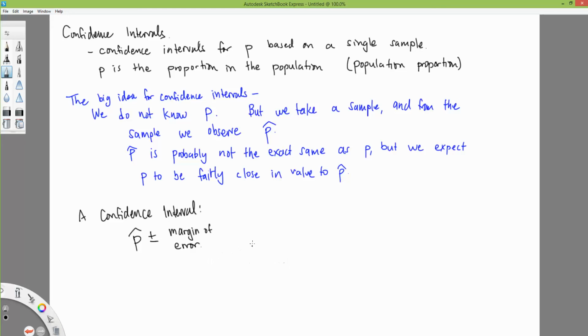This could be an example: I take a random sample of Reese's Pieces candies, and 33% of the sample is yellow.